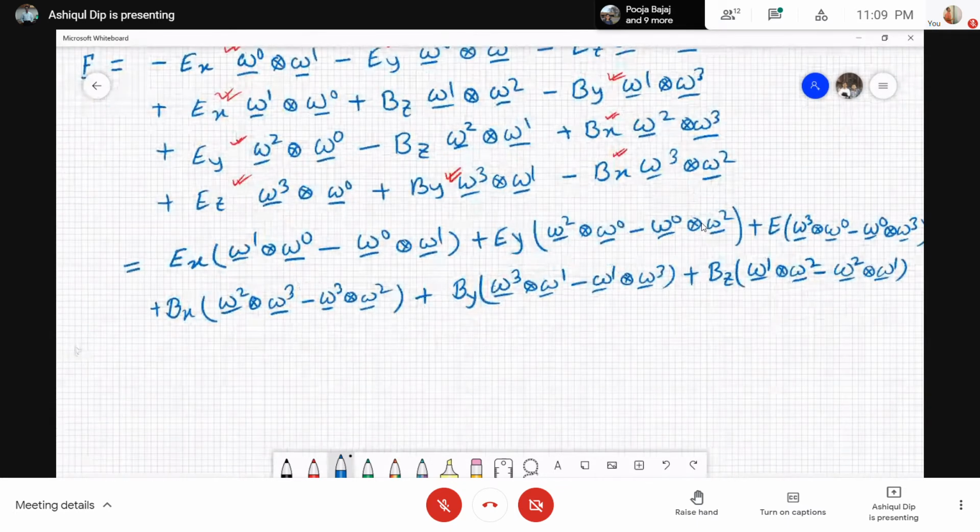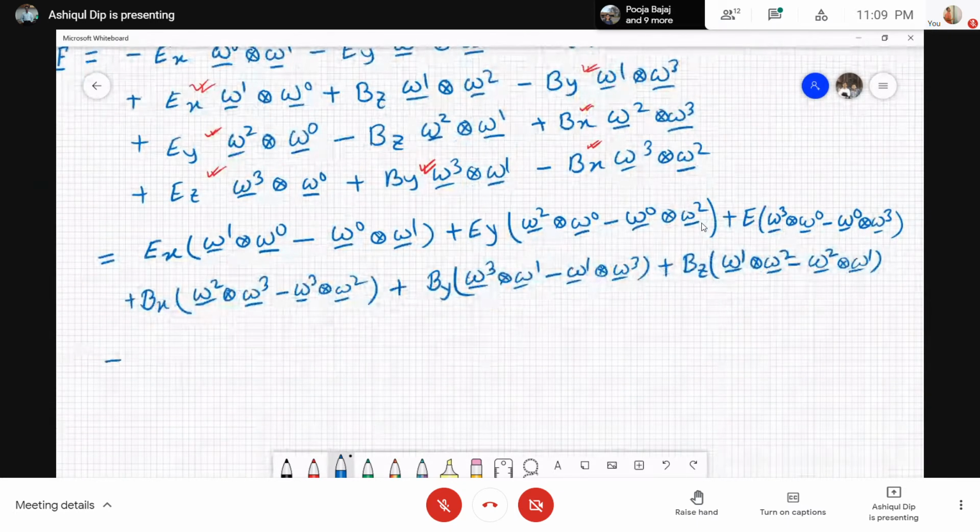So can you identify anything from these terms, like omega 1 times omega 0 minus omega 0 times omega 1? What's that? The wedge product, right?